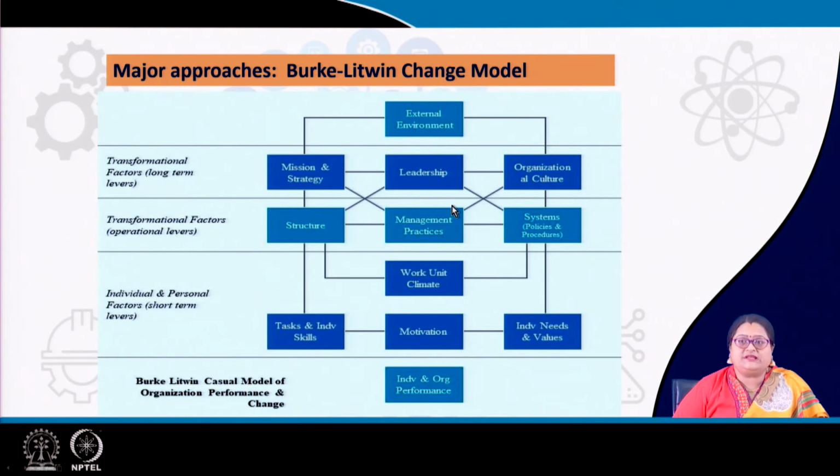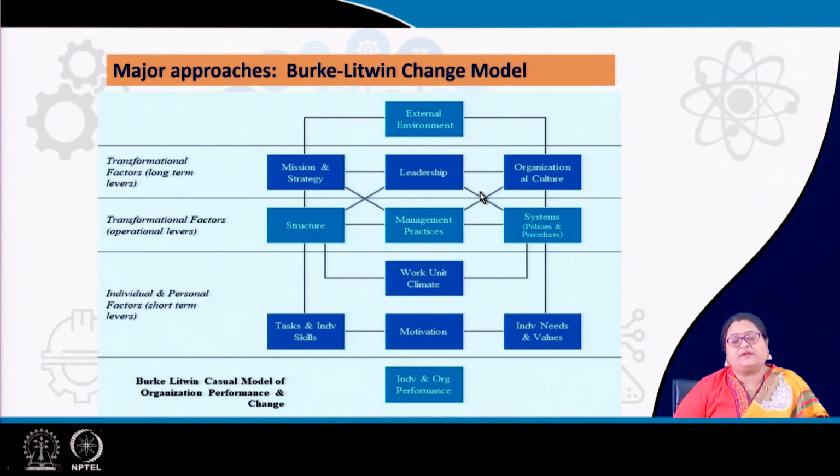If we see this model, there is an external environment which has an impact on the mission and strategy, leadership, and the organizational culture. These are the transformational factors, which is why we talk of them as the long term levers.